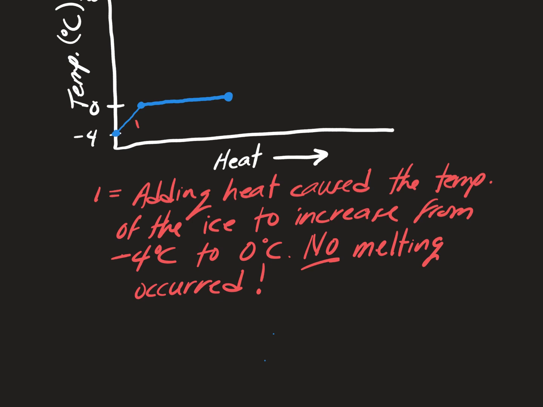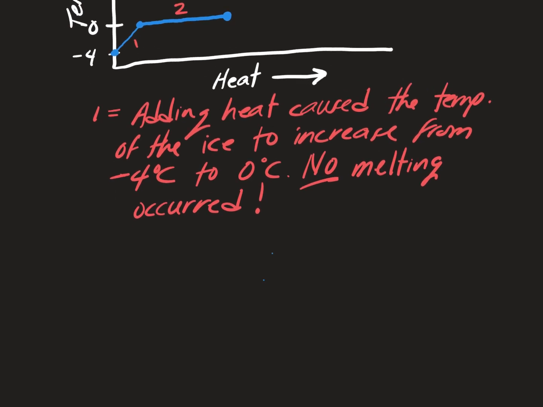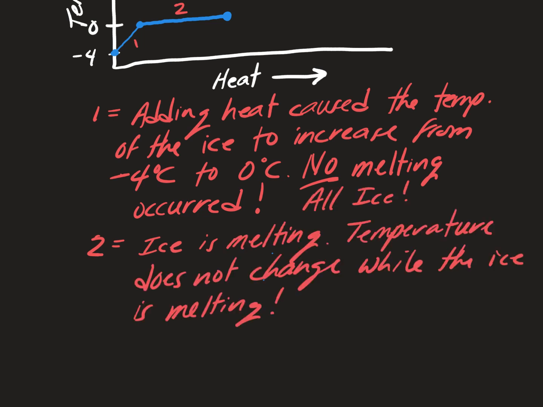That's another really important thing to note. And I'm going to call this part 2 of this graph. Okay? During part 2, we're seeing that the ice is melting. Melting. All right, so I wrote this out right away.